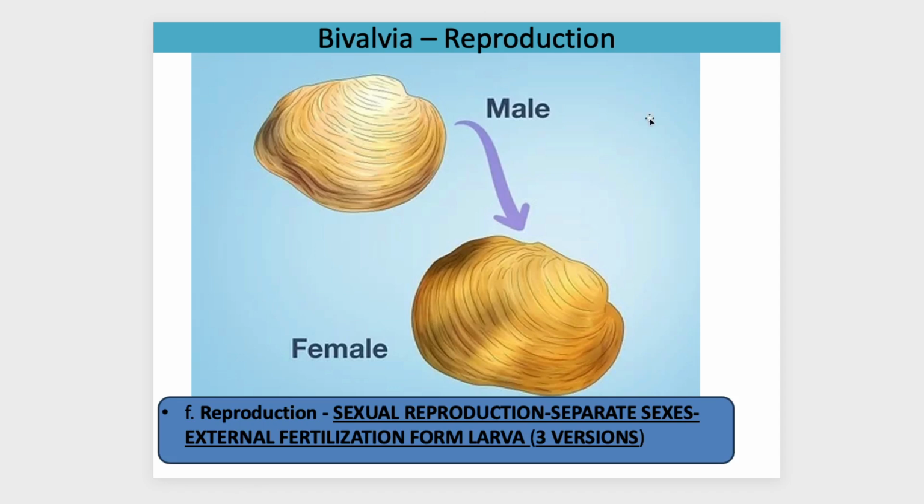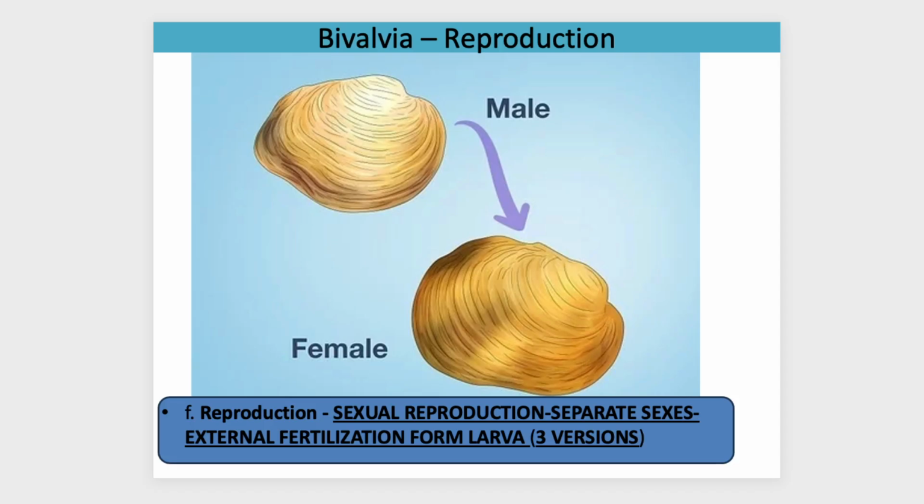So for reproduction, they're going to have sexual reproduction. So there will be male and female bivalves. And they're going to produce sperm and egg that will reach each other in the external environment, in the aqueous environment. Sperm fertilizes the egg, and then it's going to form a larva. And then there are 3 larval stages, actually. In its growth cycle after that, it'll be the trochophore, which is the first stage. It's just a little ciliated larva, so it can swim through the water.